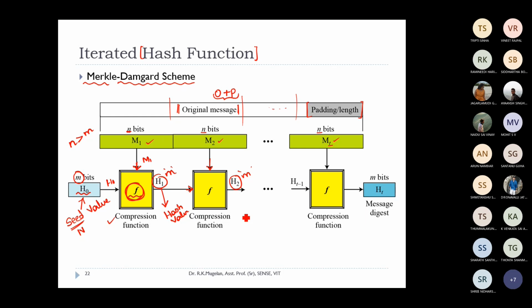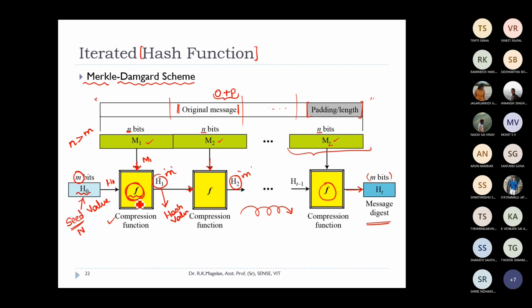This will be iterated until I process the last block, MT, with the same function f, so that I get the output HT, the final value, which is also m number of bits. That's why whatever the length of the message you give, I'll get a fixed length message digest.